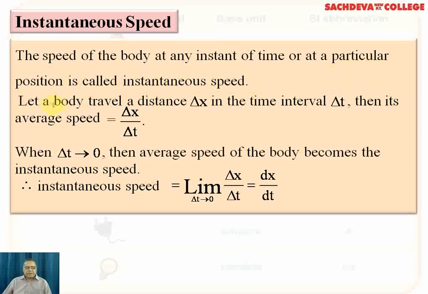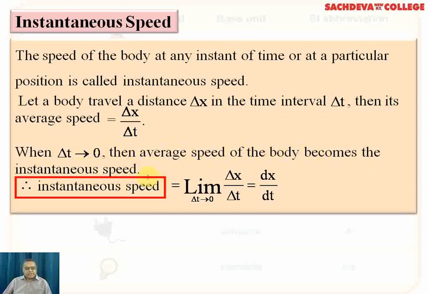If a body travels a distance delta x in time delta t, now delta x means small distance and delta t means small time, then its average speed will be delta x divided by delta t. Now suppose that delta t is approaching 0, then we can write the whole equation in terms of a derivative. That is, as delta t approaches 0, the average speed of the body becomes the instantaneous speed.